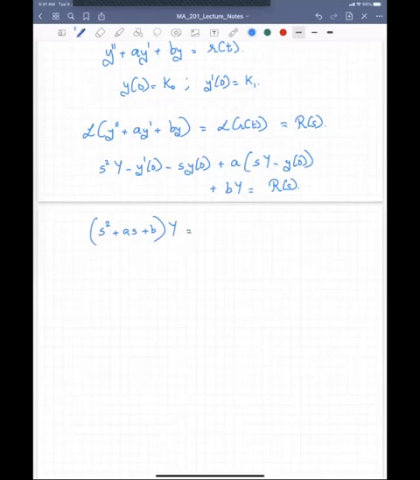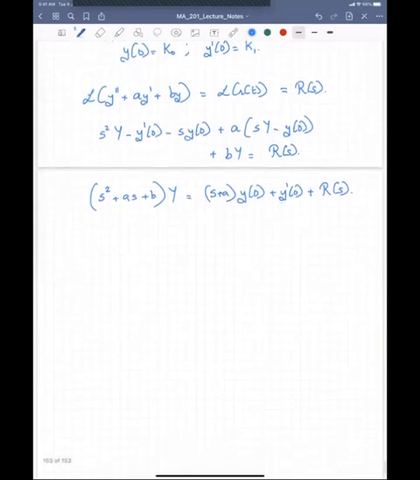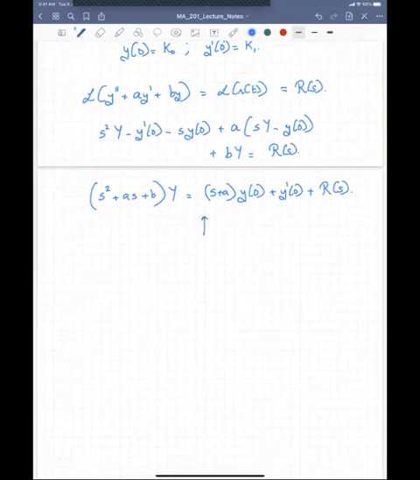So I have an s plus a times y of 0, and I also have plus y prime at 0 plus the Laplace transform of the driving force, or the input, r. Okay, so this equation that you get by these manipulations is called the subsidiary equation.